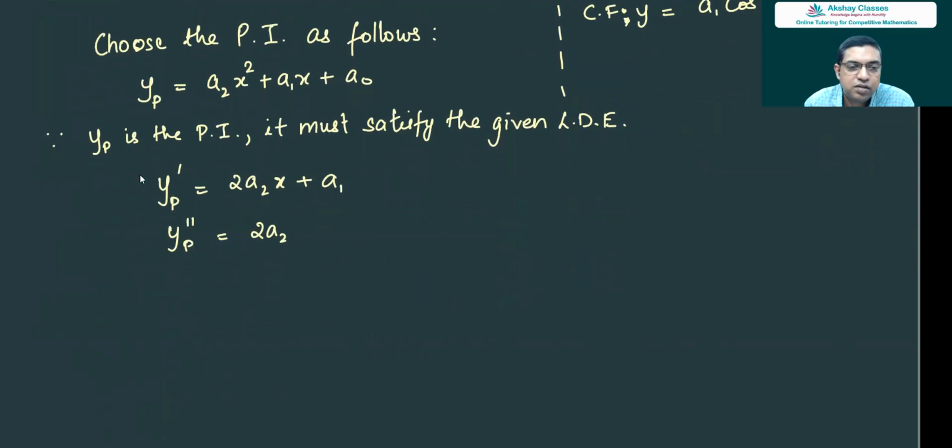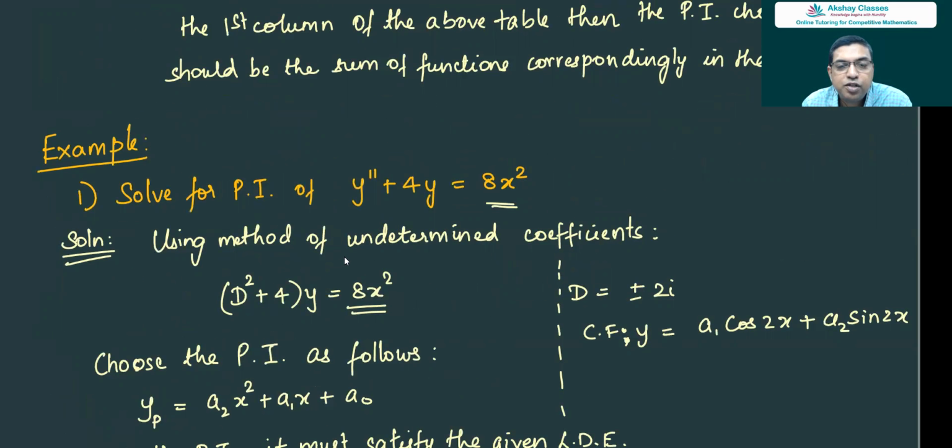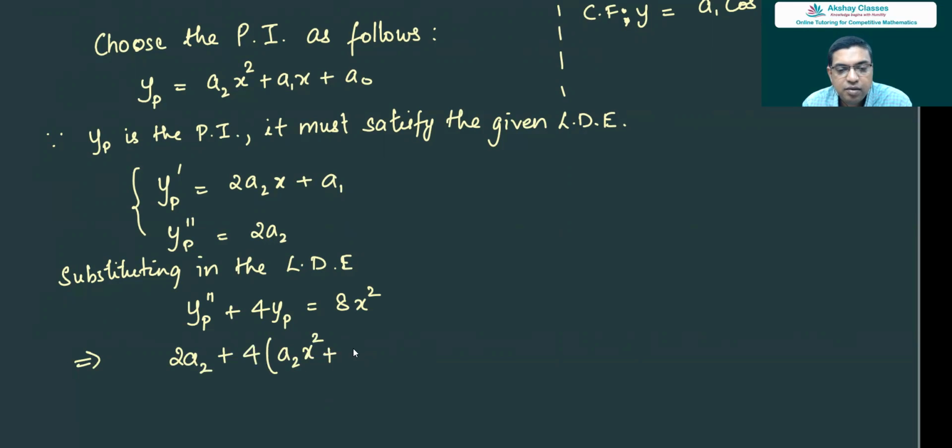Substituting in the LDE, y double dash plus 4y is equal to 8x squared, we get yp double dash plus 4yp is equal to 8x square. This gives 2a2 plus 4 times a2x square plus a1x plus a naught is equal to 8x square.